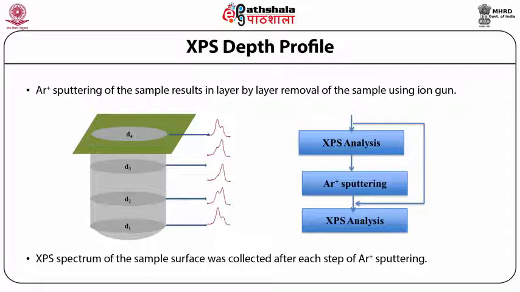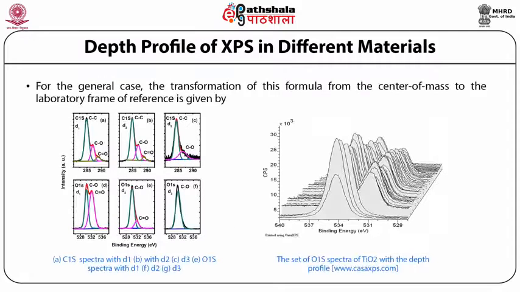The schematic of the depth profile experiment is sketched in figure 4. The material is dug to different depths of D1, D2, D3 and D4 as shown in figure 4. A set of XPS spectra corresponding to the O1s peaks of titanium oxide is displayed in figure 5.